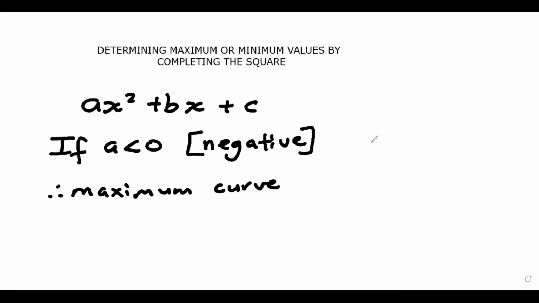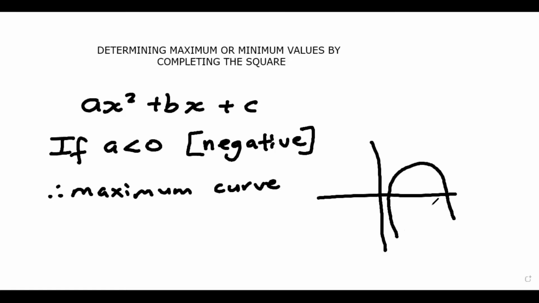And a sketch of a maximum curve will look something like this, which is a downward parabola.